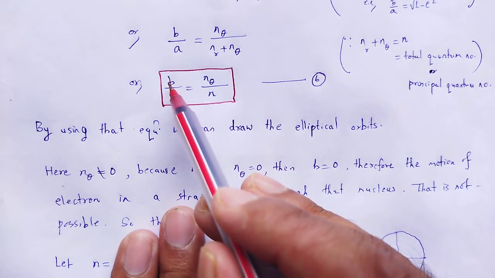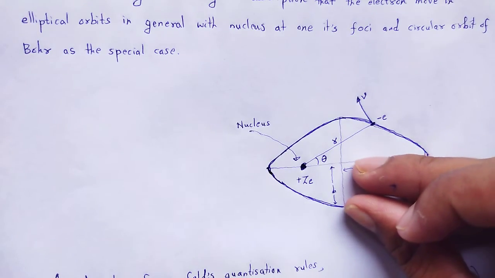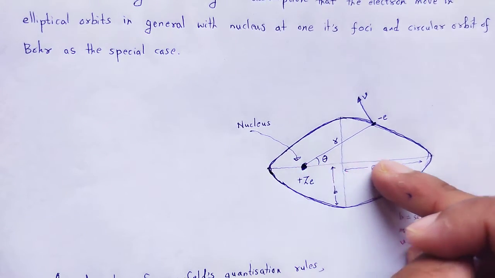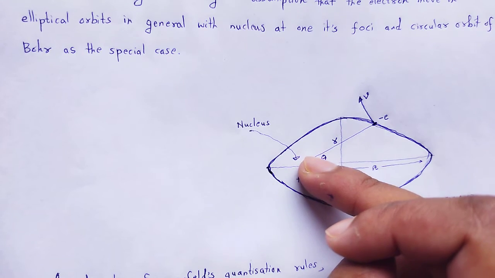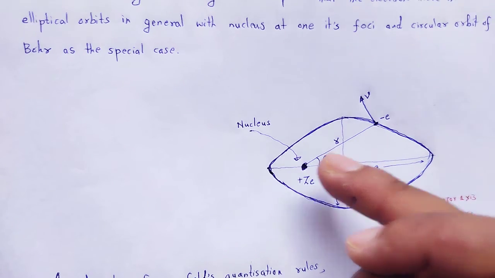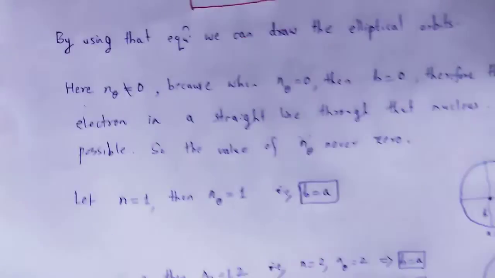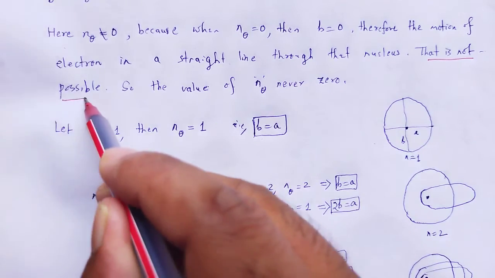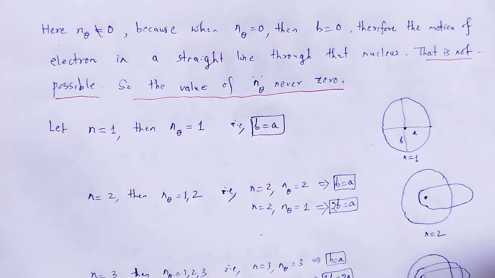Look at that figure: b equal to 0 means that the electron moves in a straight line passing through the nucleus. Actually that is not possible. Therefore the value of n theta is never 0.